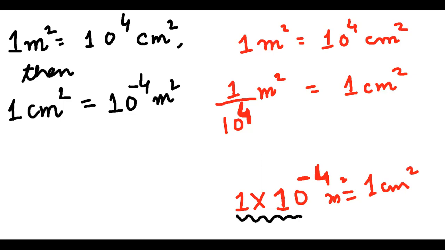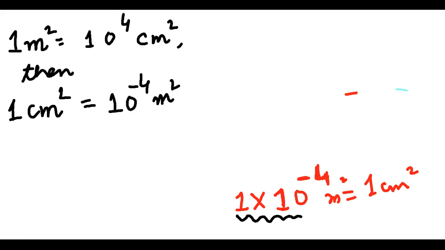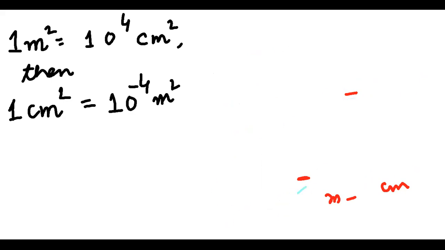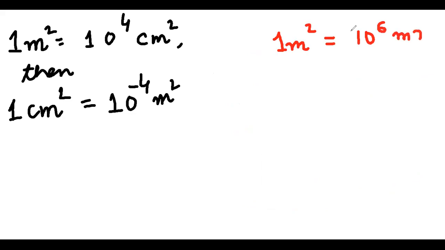Children, I hope you understood this conversion, and in a similar manner we will be converting the millimeter square into meter square. So 1 meter square, see above, you have written 1 meter square equal to 10 raised to power 6 millimeter square.